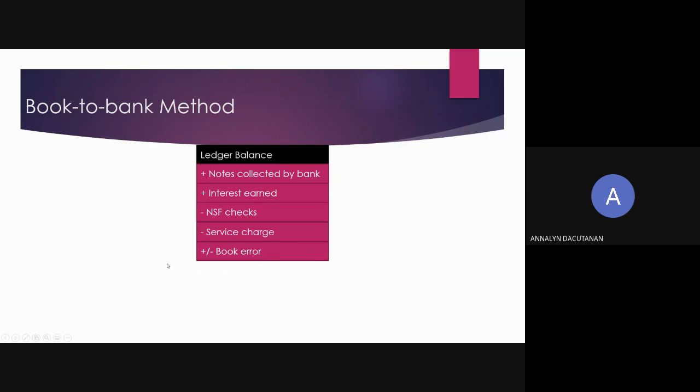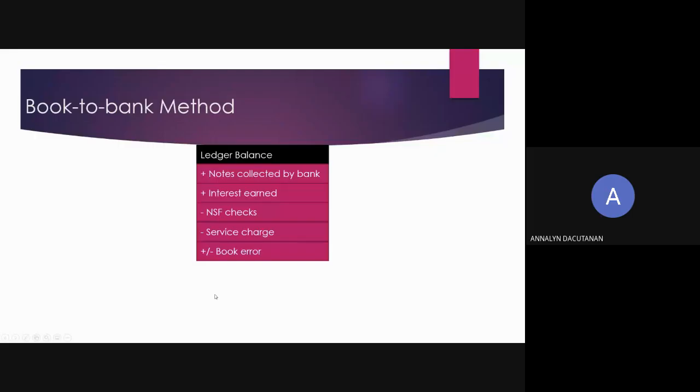Again, what we get here is the same as the adjusted bank balance. And what we're looking for is the unadjusted bank balance. That's why we are reversing the formula.